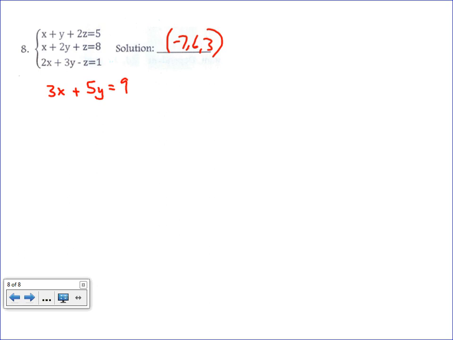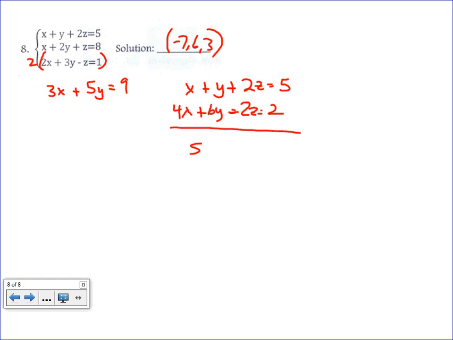Then I took x plus y plus 2z equals 5, and I multiplied this bottom equation by 2. That gave me 4x. This gave me 6y. This gave me 2. Here's where my mistake was. So now, when I add those together, that gives me 5x plus 7y equals 7.